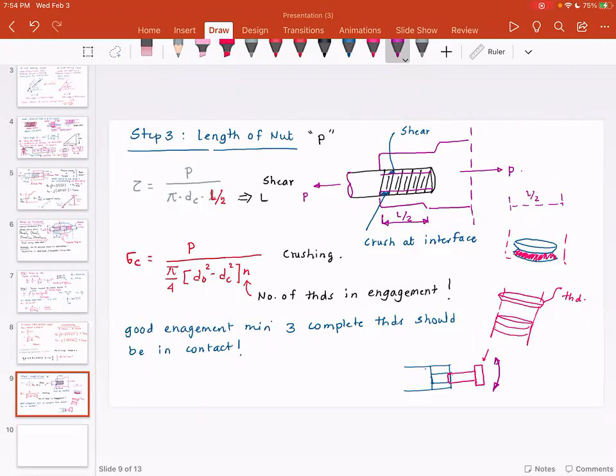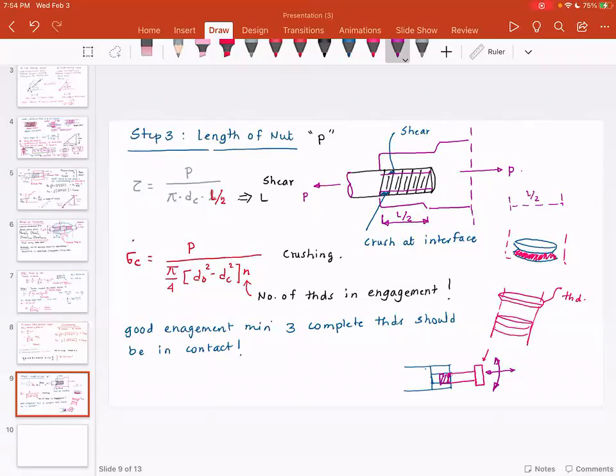So you can have a wiggling motion, you can have in and out motion. That is much easier. There is also the possibility that the first thread that is coming in contact could slip, and then the bolt and the nut or the tab is no longer in complete engagement. So what you need to make sure is the bolt is inserted so that at least 3 full threads are in contact. That is the requirement for a proper engagement.